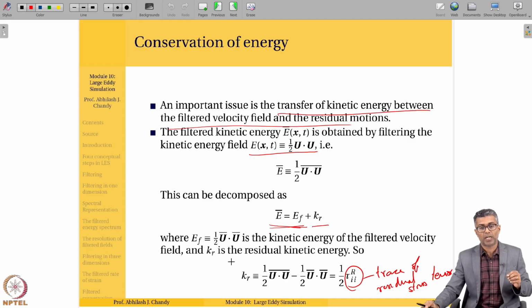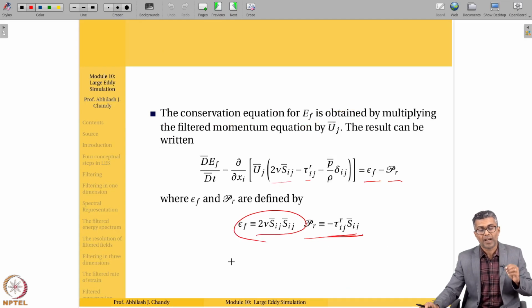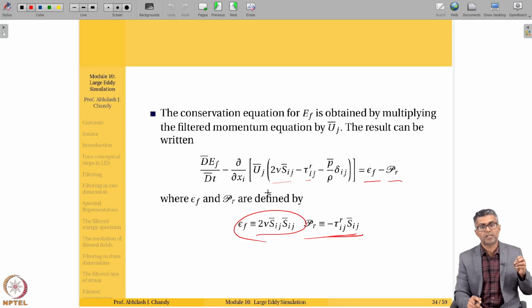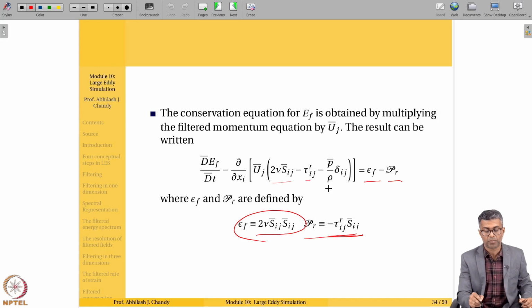Now, the idea of doing it like this is so that when we derive an equation for EF, by taking the filtered momentum equation and multiplying it by uj bar, we get a transport equation for EF that looks like this. If you notice here, the leftmost term is the rate of change of EF, the d dt of EF, obviously as a material derivative, and the second term on the left hand side is a transport term.